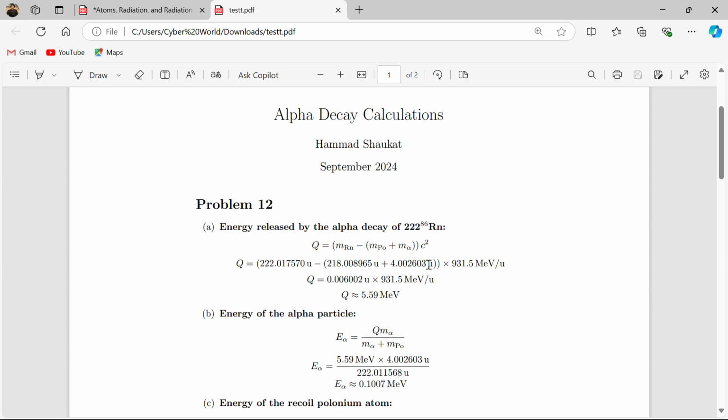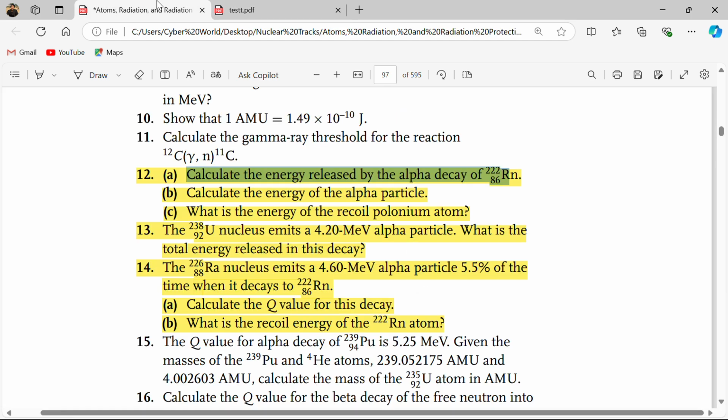The u cancels with this u and you get your Q value in MeV. After substituting, you get 5.59 MeV. This is the energy released by the alpha decay.